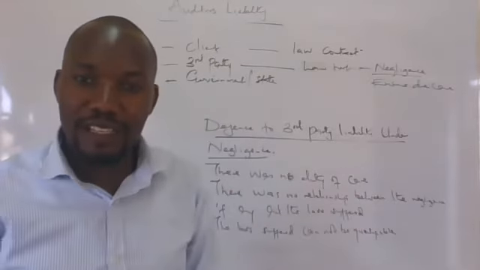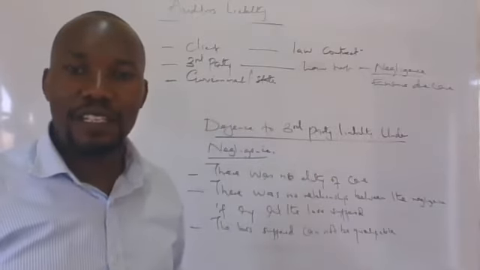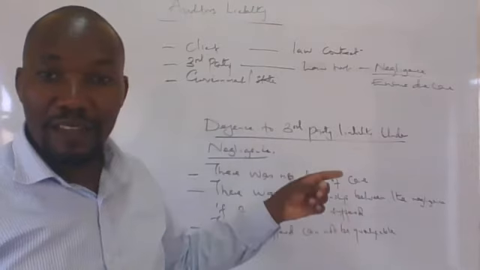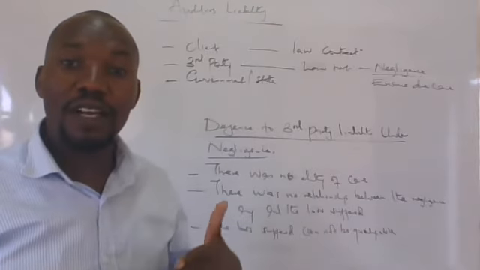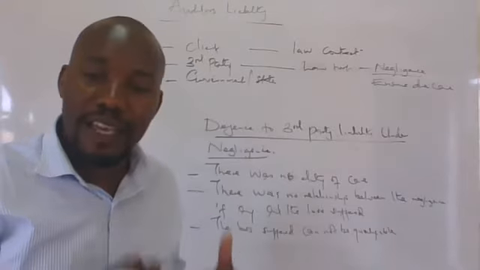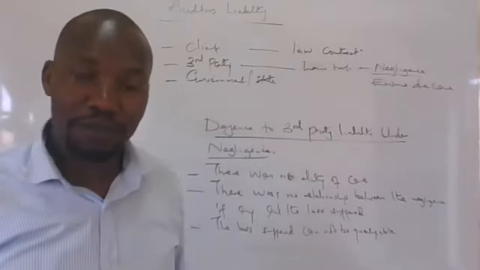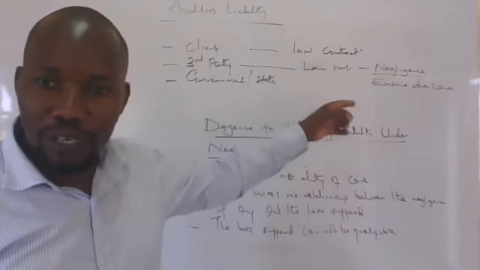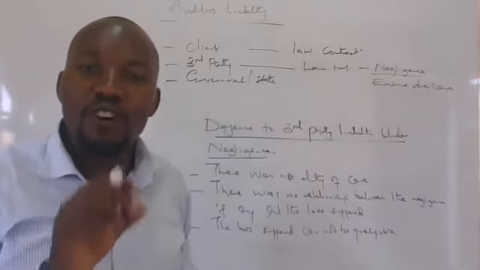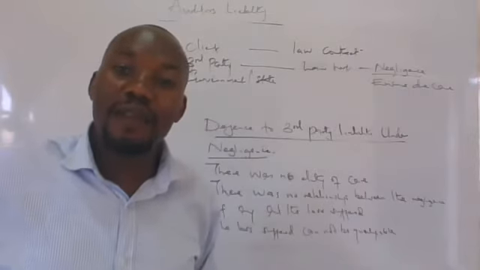Duty of care basically means that there was an error or a misstatement that you didn't discover. So there's a possibility that you gave a wrong report, but there is no relationship between that wrong report and the loss that the third party suffered.